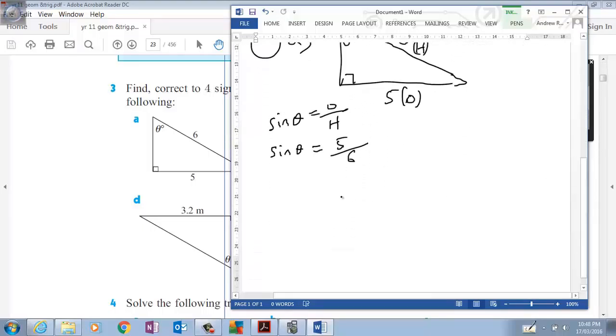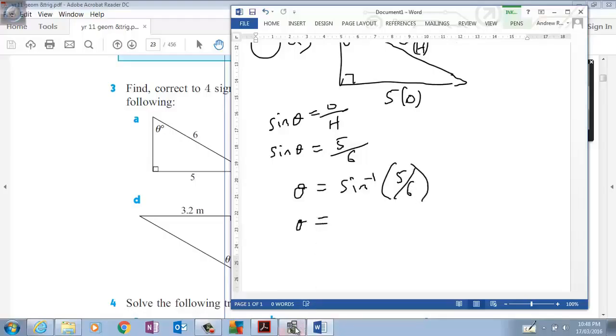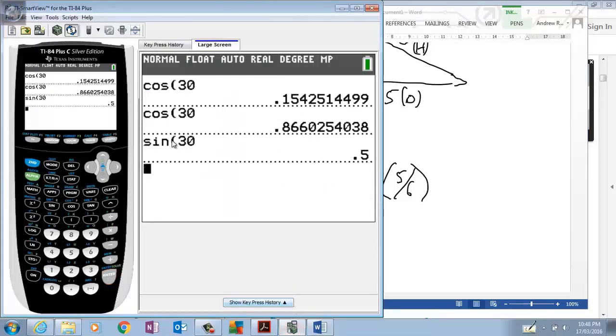Now we have to be able to solve for theta. This is where you need to know the opposite of sine is shift sine, or sine minus 1. You do this: theta equals the shift sine of that number, that fraction. Now to do that in the calculator, you have to do this.